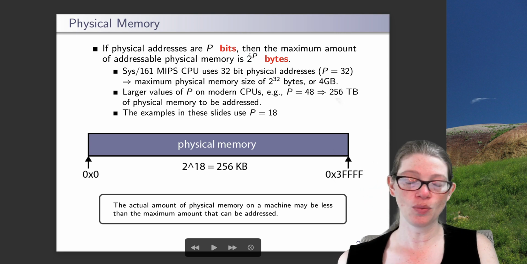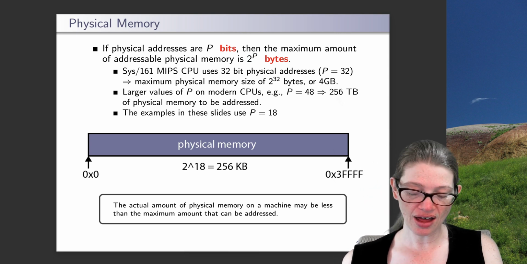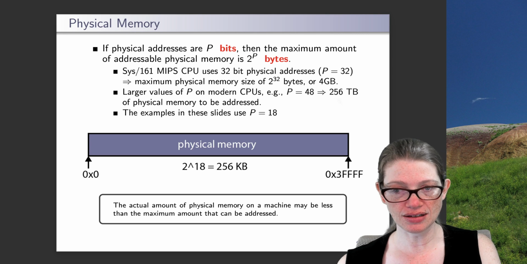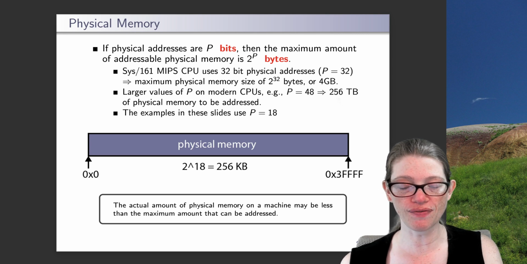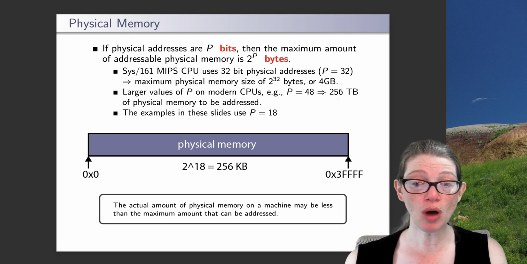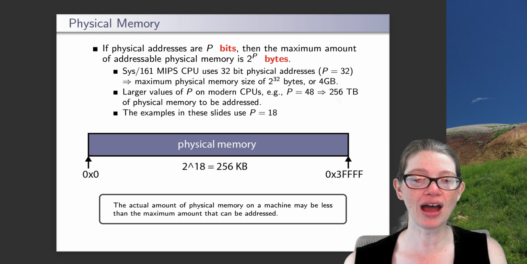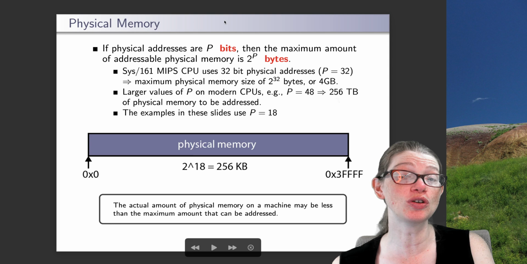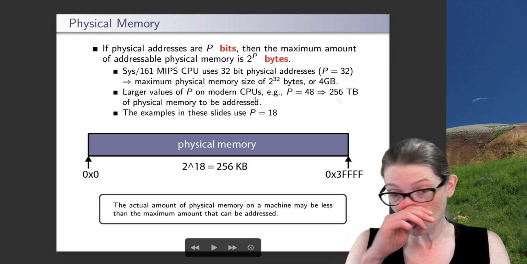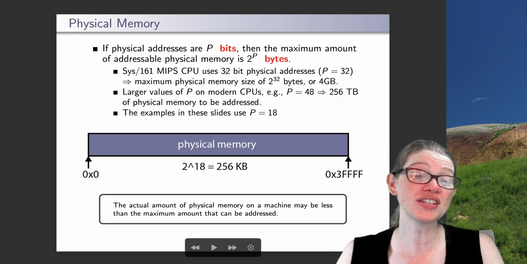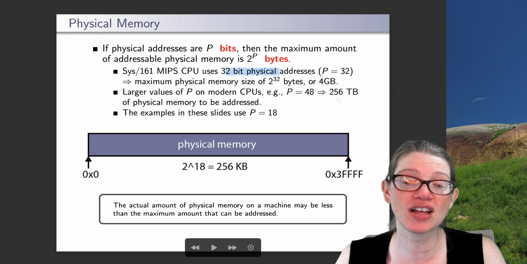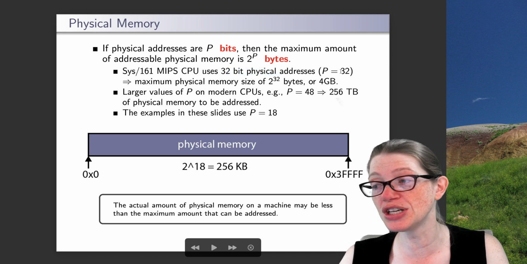And remember, that's because this is our addresses. For each bit, you have 2 options, a 0 or a 1. So p bits gives you 2 to the power of p bytes. Now, in OS 161, we use 32-bit physical addresses, so our p value is 32.